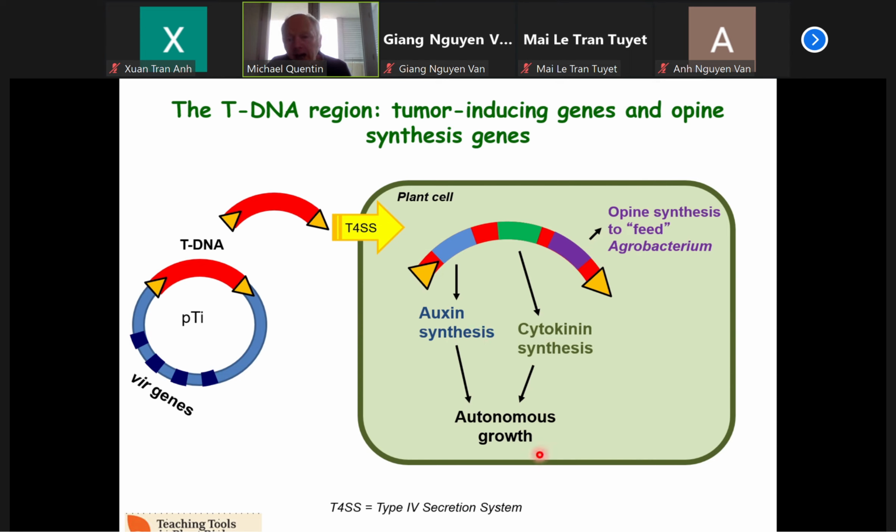So the gall will function as a feeding site for the bacteria. Okay, it's a kind of factory made by the bacteria to produce as much food as possible for the bacteria, and the bacteria will feed from opines that will be produced by the genetically modified plant cell.